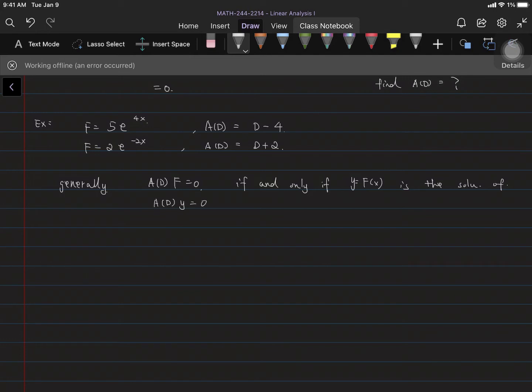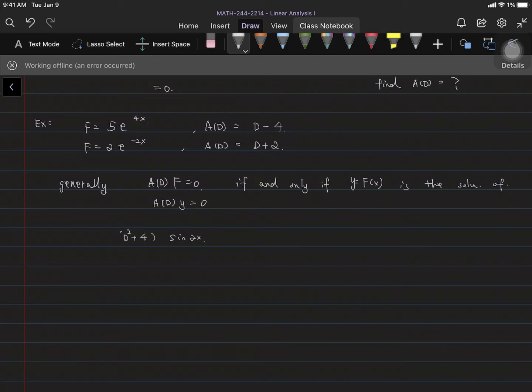Okay, so let's take a look at, for example, what's the meaning of this one? Okay, I can give you one example. Do you remember, for example, sine 2x? This is the whole solution. That means a plus bi, so this should be complex, corresponding to the complex r. a equals 0, b equals 2, so should be D squared plus 4.